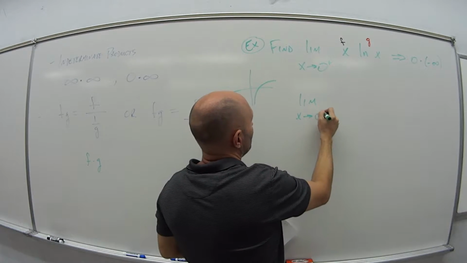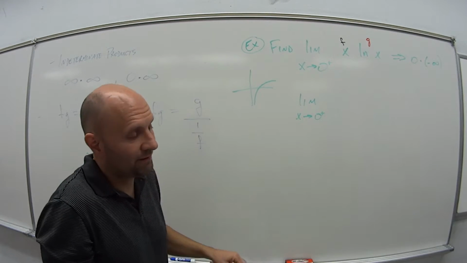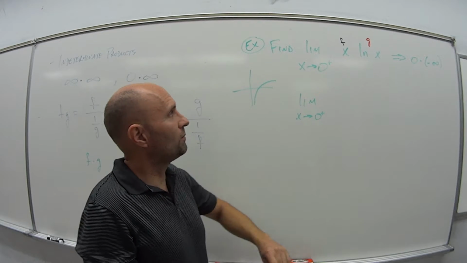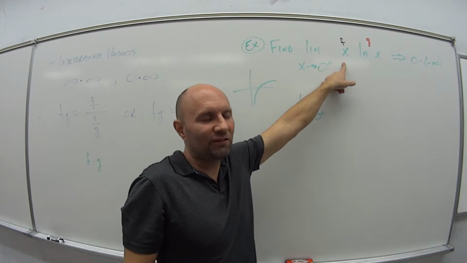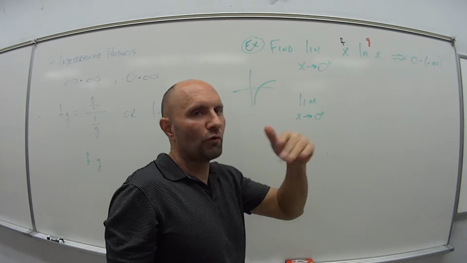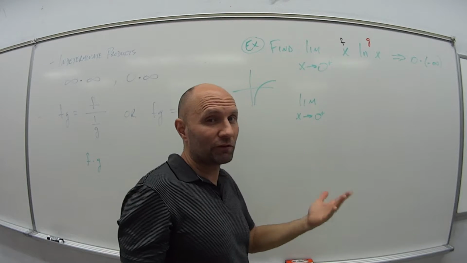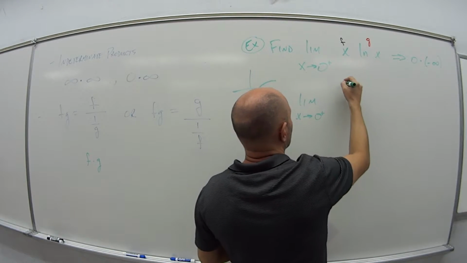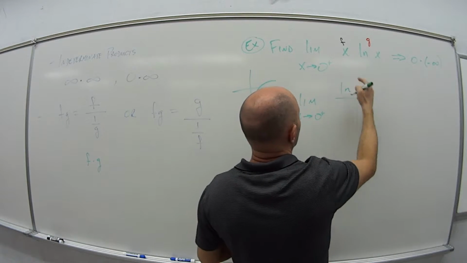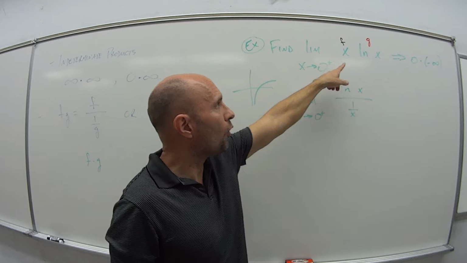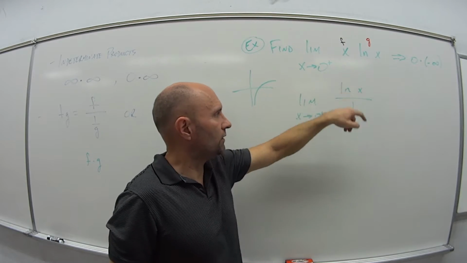Sometimes it's easy to see, sometimes it's not. Sometimes you've got to guess and see how it works out for you. In this one, because my f function is just x, that's pretty easy to change into a reciprocal, instead of 1 over natural log of x, because remember, we're going to have to take the derivatives of these. So I rewrite this as natural log of x over 1 over x, and again, that's the key, it's 1 over this function value.